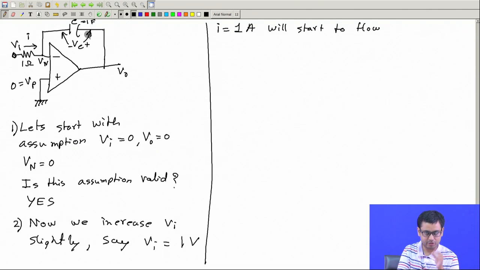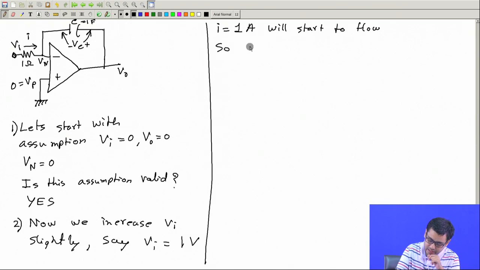Whatever current is coming here will charge this plate, and an equal amount of current will get away through the output of the op amp, like this. So this capacitor will start to charge.